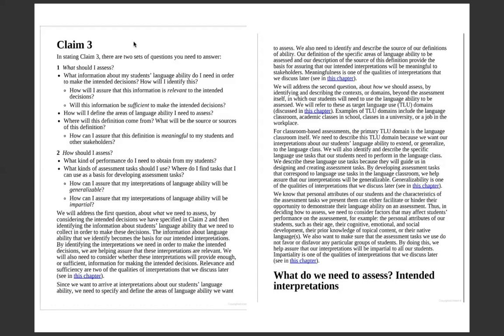Good. And the last one, how can you assure that your interpretations of language ability will be impartial?